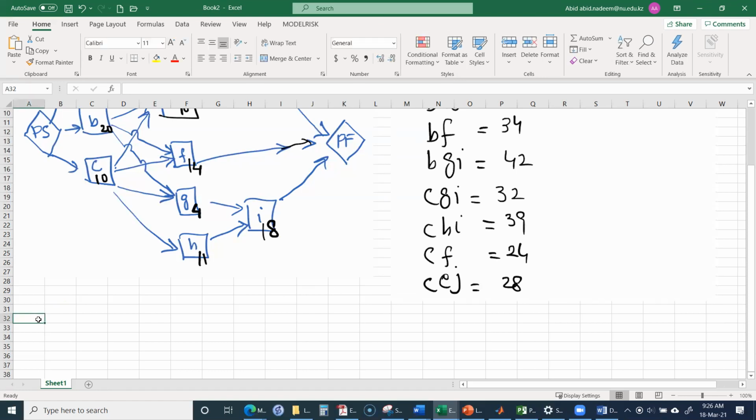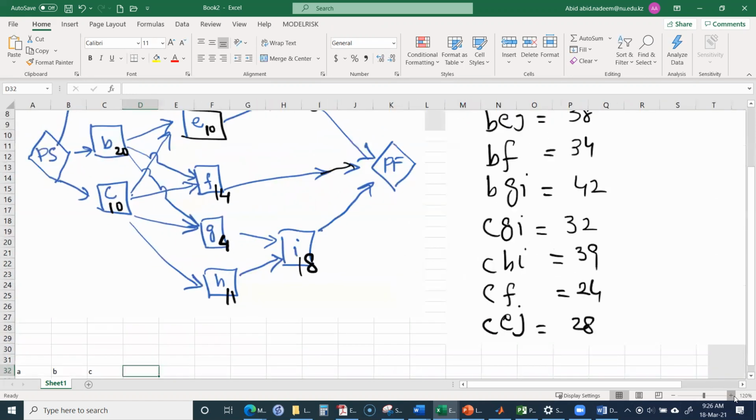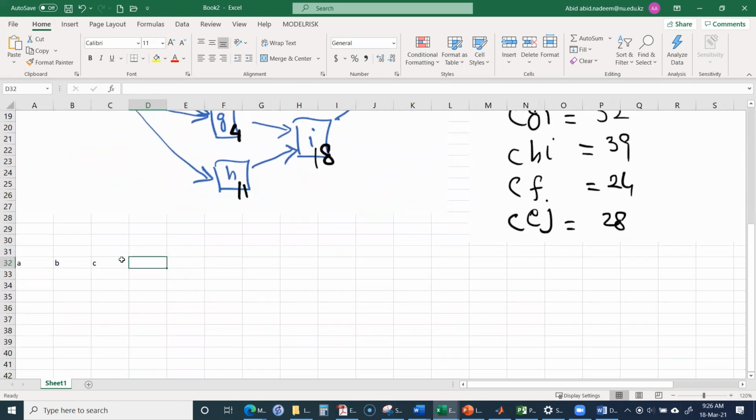I can set it up in Microsoft Excel. I will type the activity names A, B, C, D, E, F, G, H, I, and J. Maybe I make it a little bit bigger. And then I write down their durations.